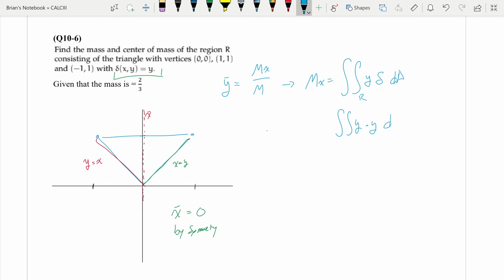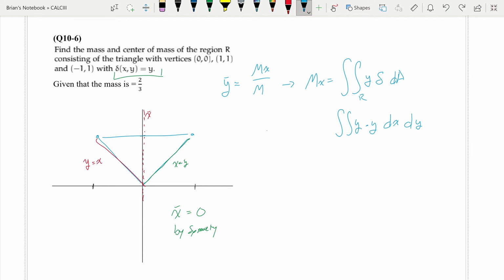We can do dx or dy first. Maybe let's just do dx, dy. If we did dy, we would have to have two separate integrals, because we'd be slicing it vertically. And we don't want to do that. We want to slice it horizontally, so that we only need one integral to solve.